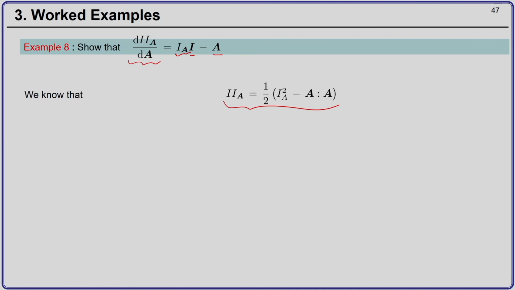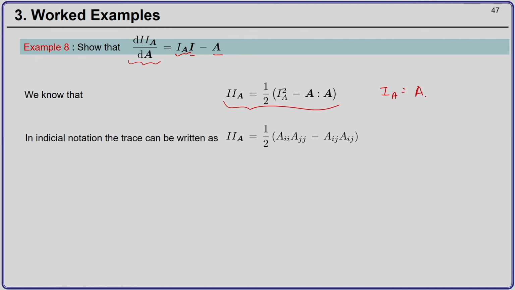So, again we start with indicial notation. Remember it is I_A squared, I_A² minus A double contracted with A. On the left hand side you do not have any index, it is a scalar quantity.